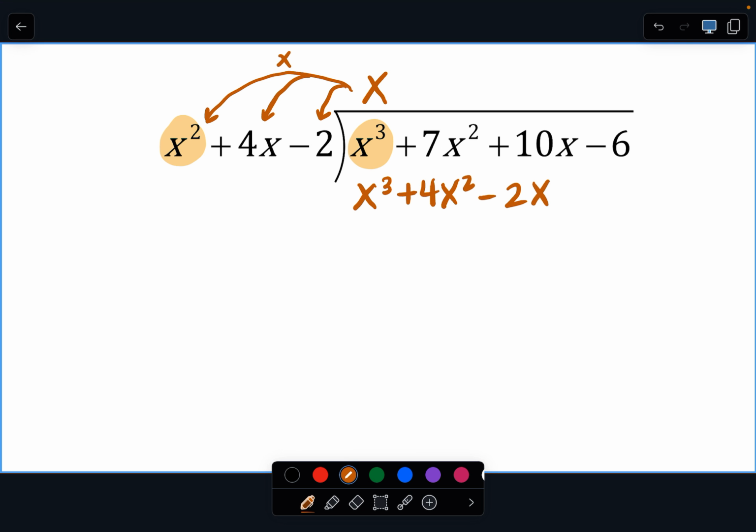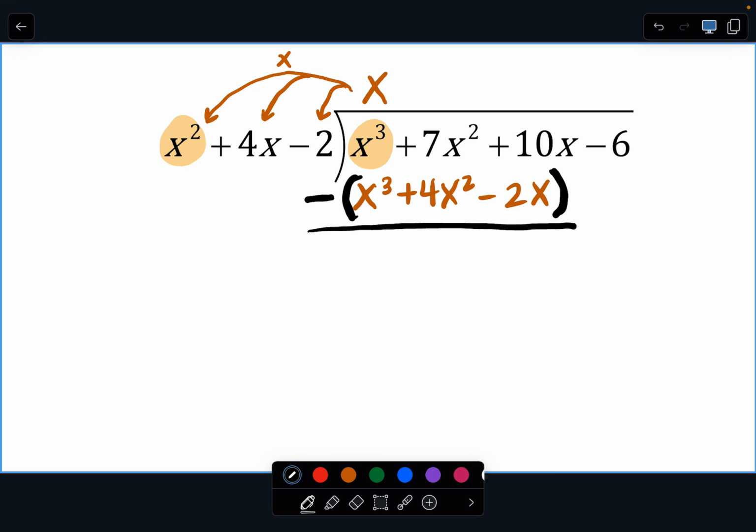This is the part that a lot of people will mess up because they don't pay attention to signs. I'm taking this entire thing and I make big subtractions in parentheses. Everything that I just multiplied is being subtracted from what's directly above it. So ideally, you should end up with that first term going away.